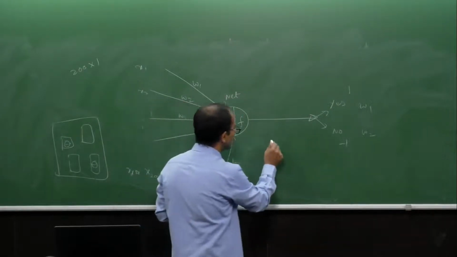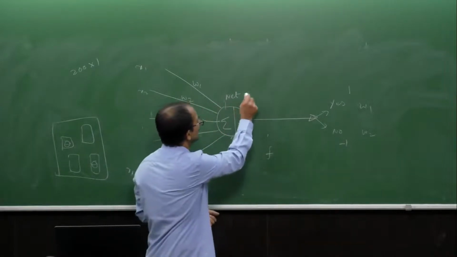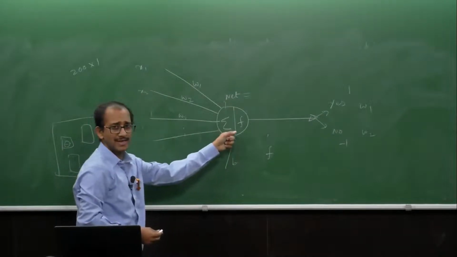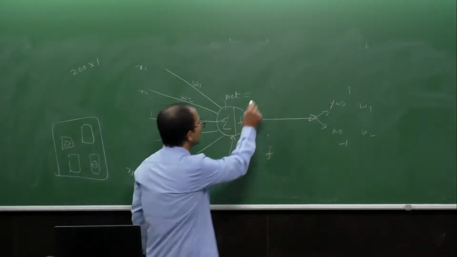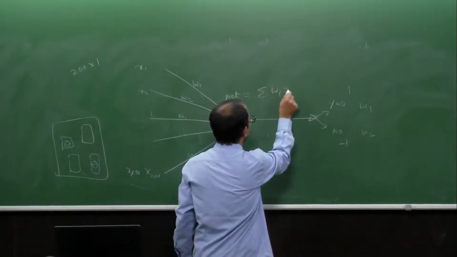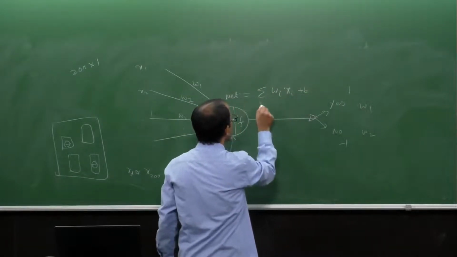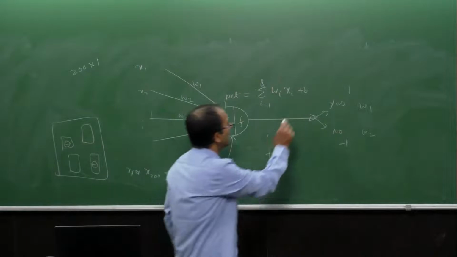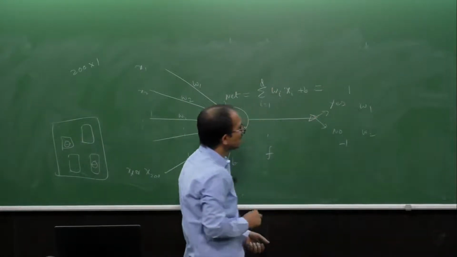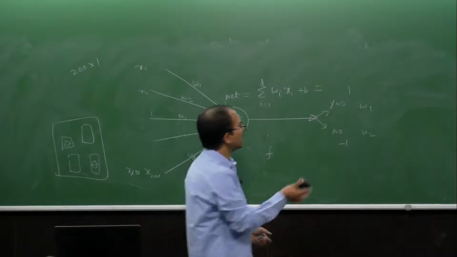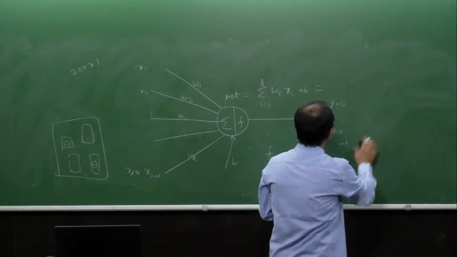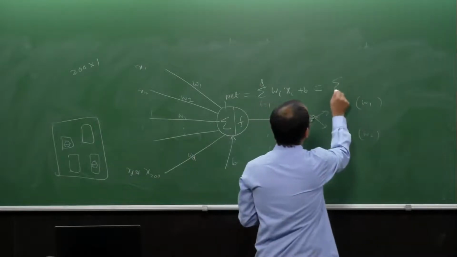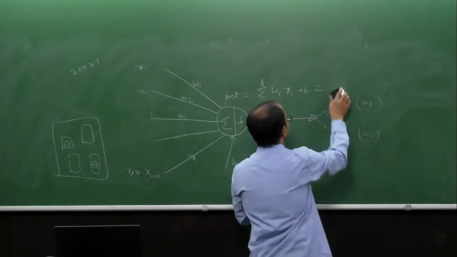So in mathematical terms, what is the net value? If I have all these as inputs, the weighted sum of them is the net value. So it is the summation of wi xi plus b, with i ranging from 1 to d. This is the net value. Can I also rewrite this in simple vector notation, without summation?